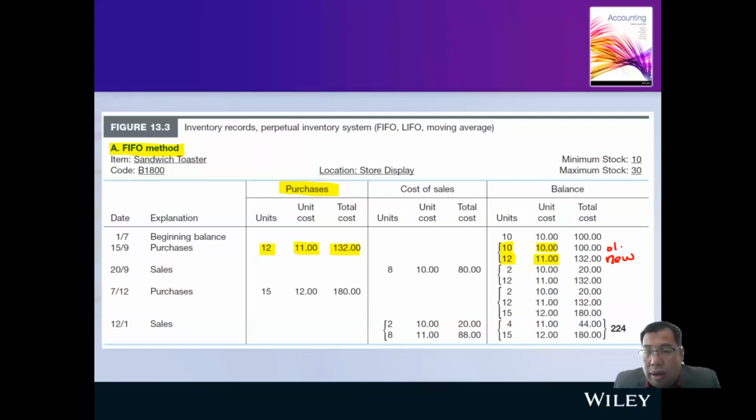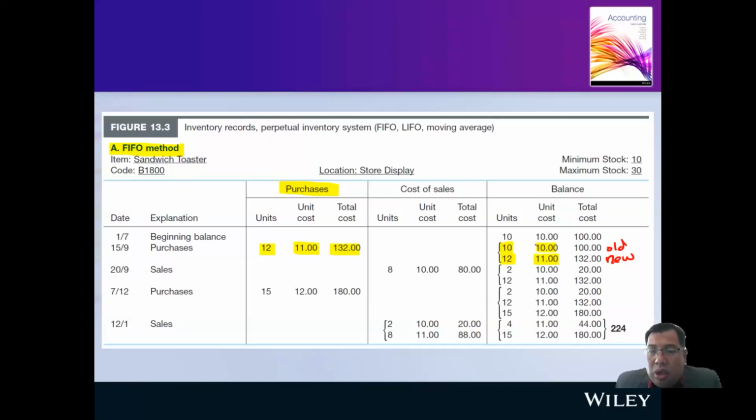Later on, you sold 8 units of your sandwich toaster to a customer. So the question arises here: if you use the FIFO method, which group of stock did you sell to your customer? Is it the $10 or the $11?